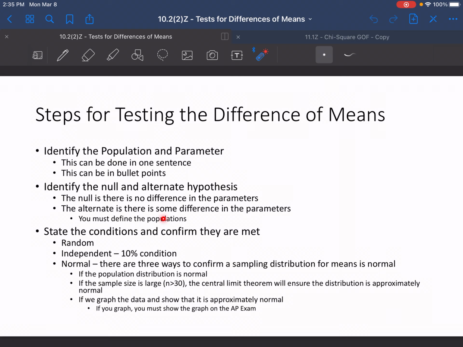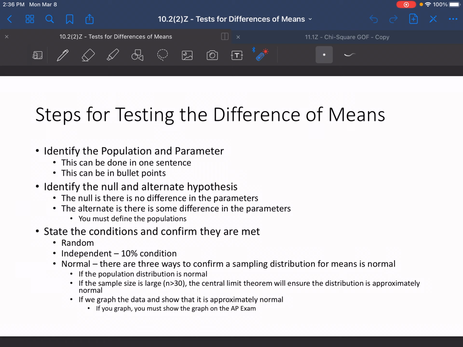You also must define the populations as far as what is mean 1 or what is mean 2, so on and so forth. I'll kind of go over that whenever we look at the example. But that completes your state portion of our test here, our four-step process.